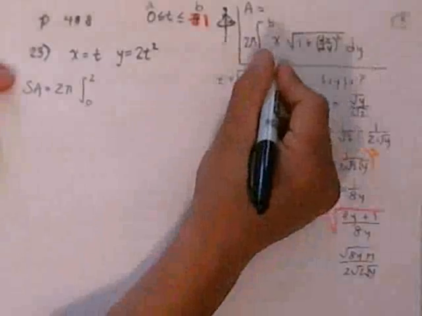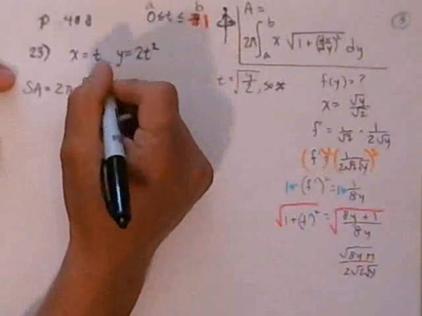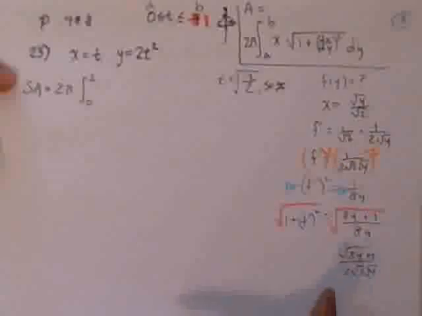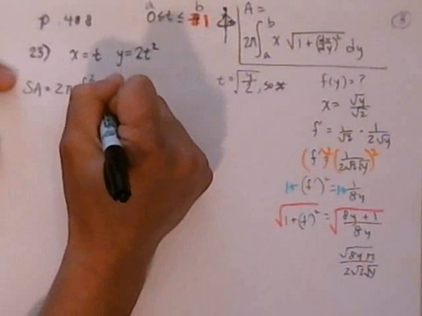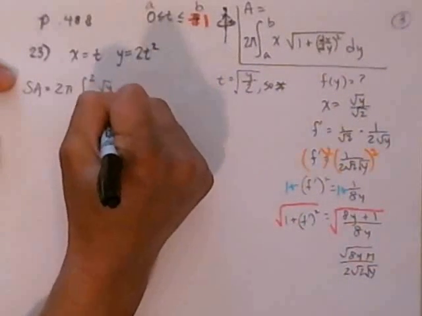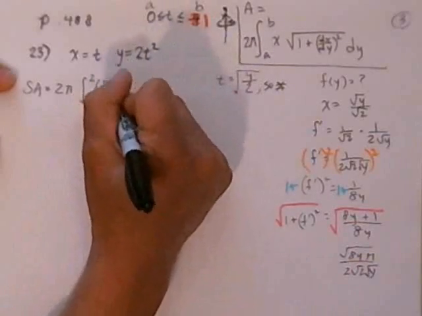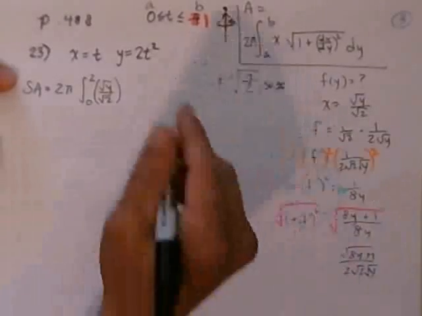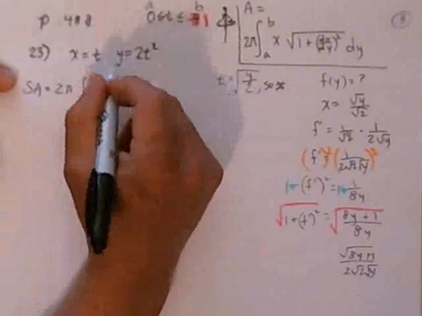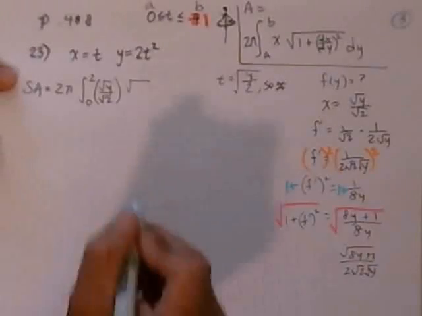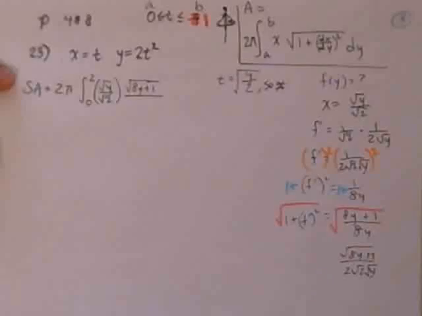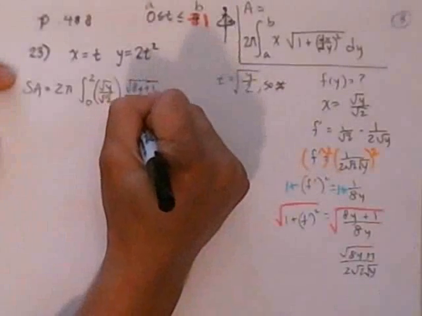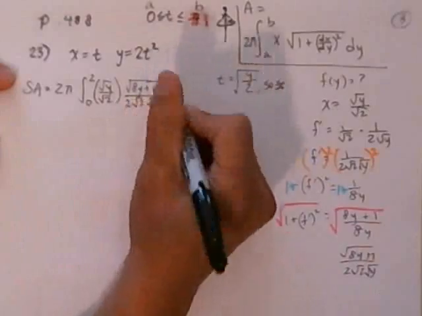And then your x value was square root of y over 2, square root of y over square root of 2, times this portion, square root of 8y plus 1 over 2 root 2 square root of y.